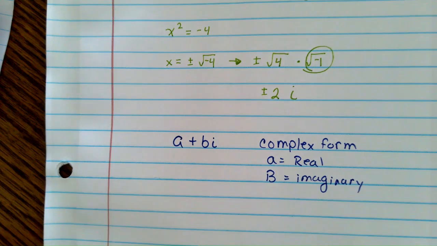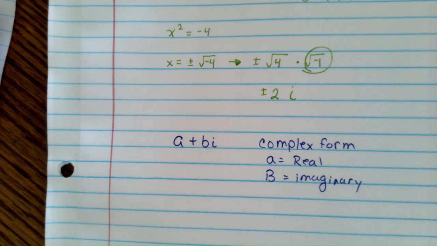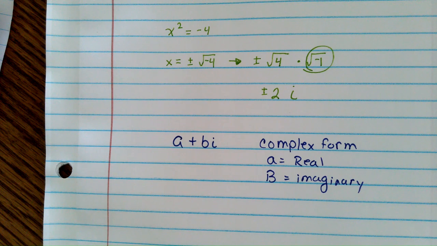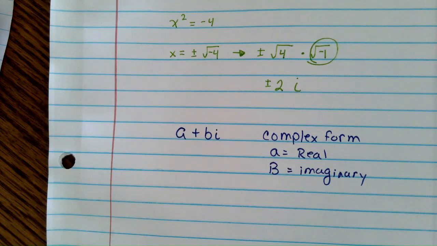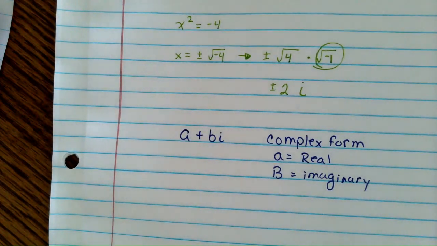Now notice I didn't say bi. So if you're utilizing the program in my classroom and the online program asks you for the real part and the imaginary part, they don't want you to type i. They just want you to type the a value and the b value. Now, could a or b be 0? Yes. And if b is 0, then isn't that a real number only? Absolutely.